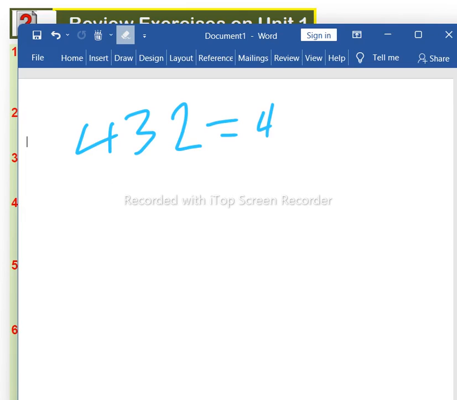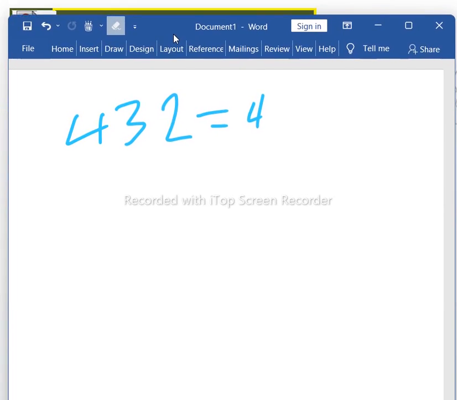So if a number is divisible by 5, the last digit of that number is 5 or 0.